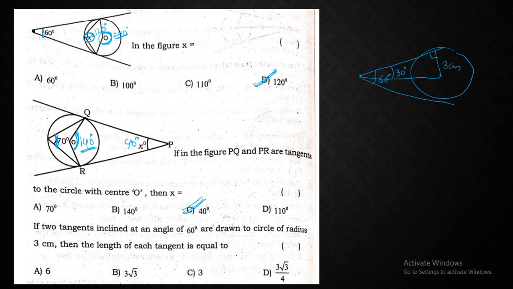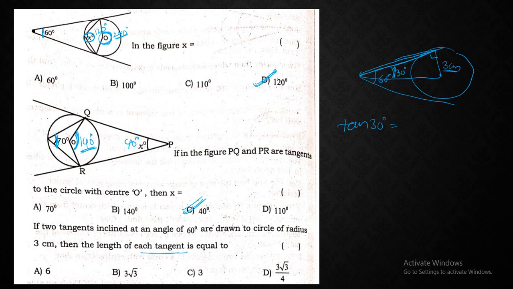Now the length of each tangent is asked. When the angle is given and the radius is given, we can directly find the length of the tangent. The length of the tangent is this particular side, right? What is this side with respect to this triangle? It is the adjacent side with respect to this angle, and we know the opposite. So adjacent and opposite means we need to apply tan theta.